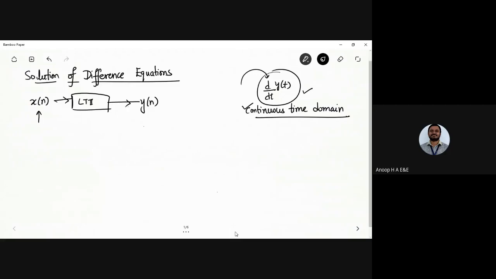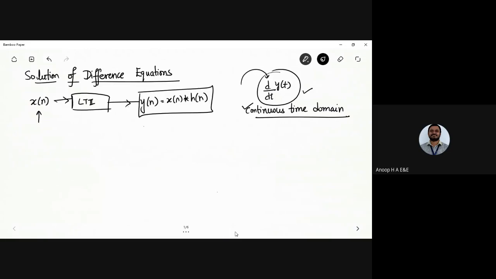So when the input passes through an LTI system, you have the output y of n, that is x of n convolved with h of n. That is the convolution theorem, or convolving two signals, where h of n is called the impulse response of the system.